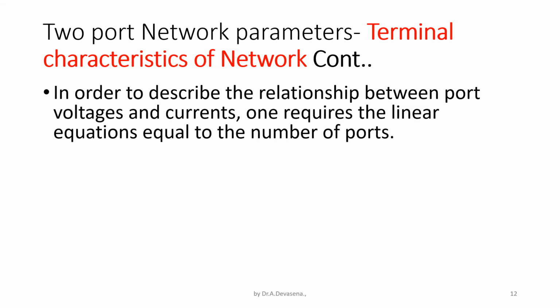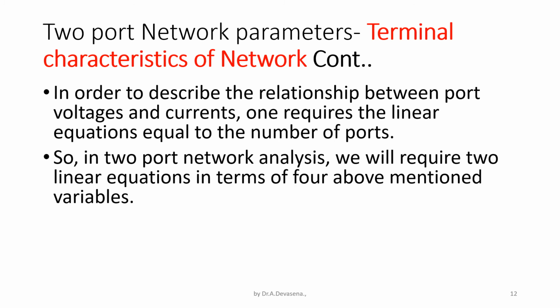In order to describe the relationship between port voltages and currents, one requires linear equations equal to the number of ports. So, in two-port network analysis, we will require two linear equations in terms of the four above-mentioned variables.